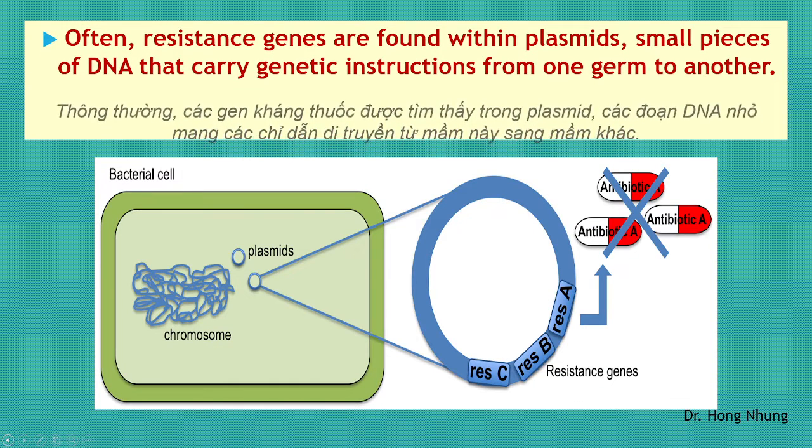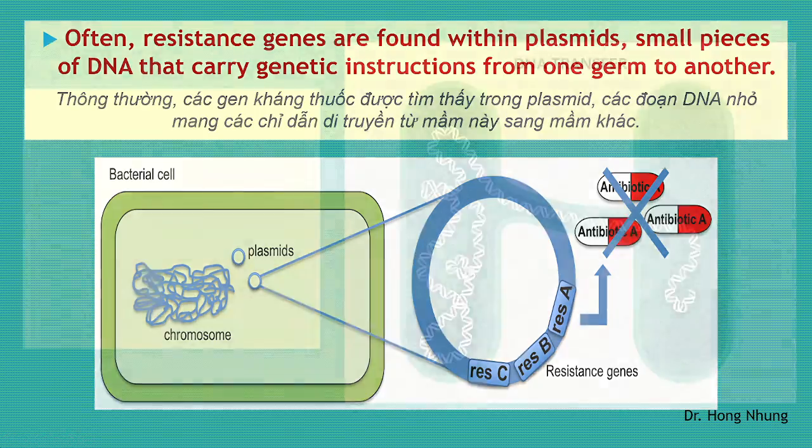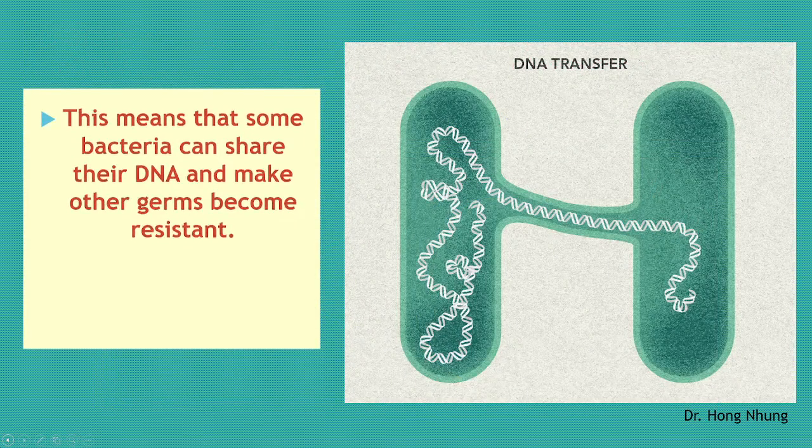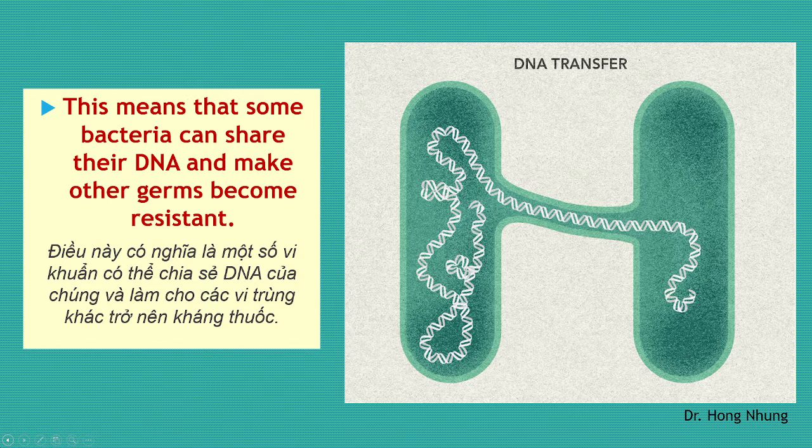Often, resistance genes are found within plasmids, small pieces of DNA that carry genetic instructions from one germ to another. This means that some bacteria can share their DNA and make other germs become resistant.